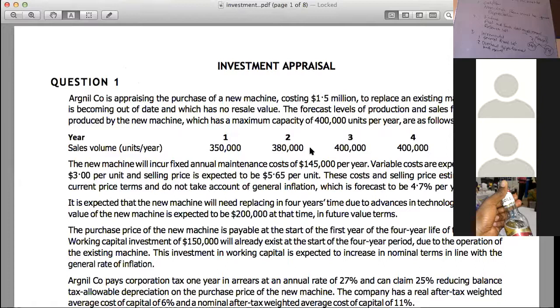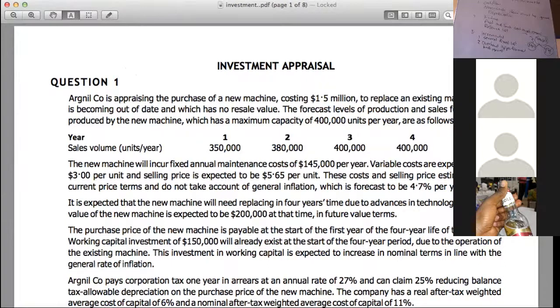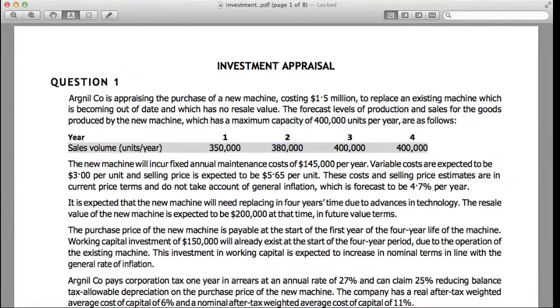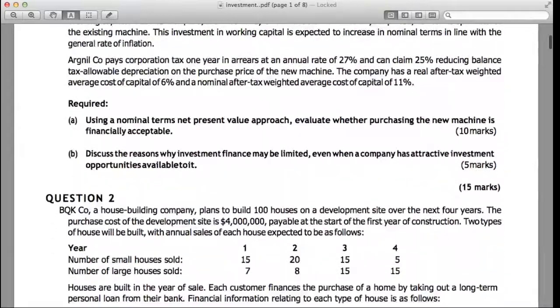So I will solve the... why is this thing freezing? Sorry, the machine will not allow me to operate. Okay, yeah, now it has started moving.